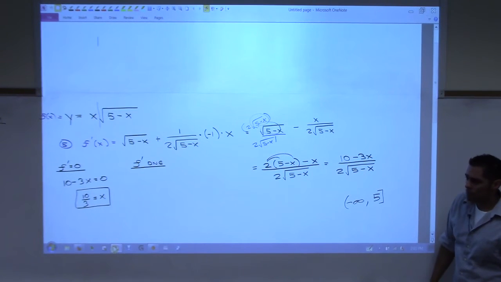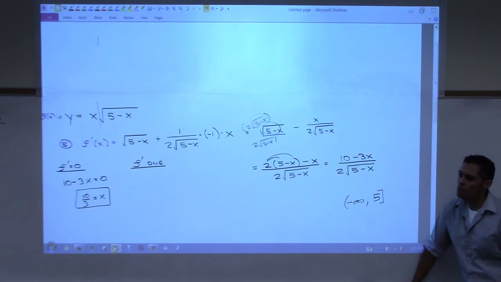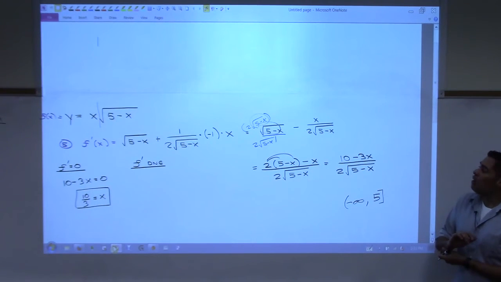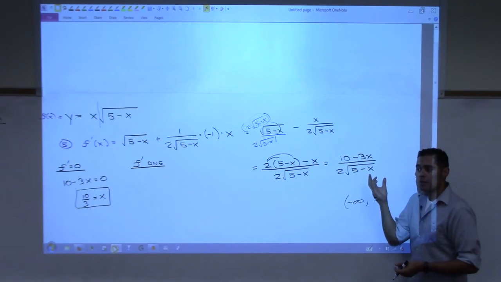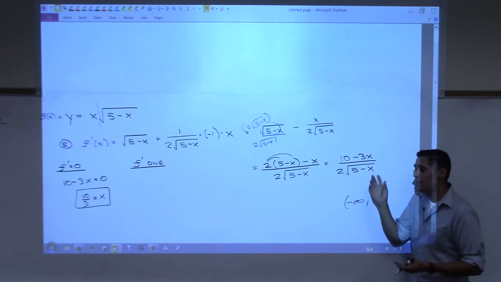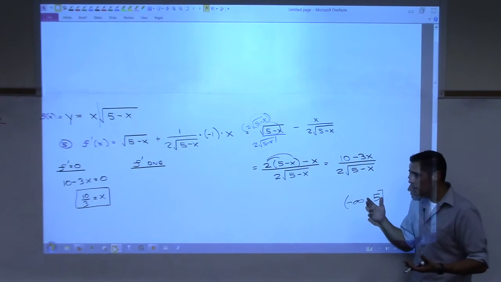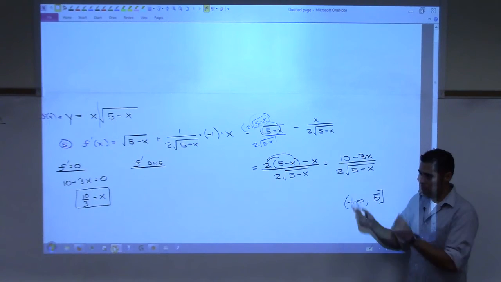Wouldn't that be a limit? What do you mean? Because you can plug in like 4. Okay, I get you. Yes, that's if I was interested in knowing what this derivative was doing. My guess is that if you start taking that limit, it would become like infinite, which means the slope of the tangent line is becoming vertical.